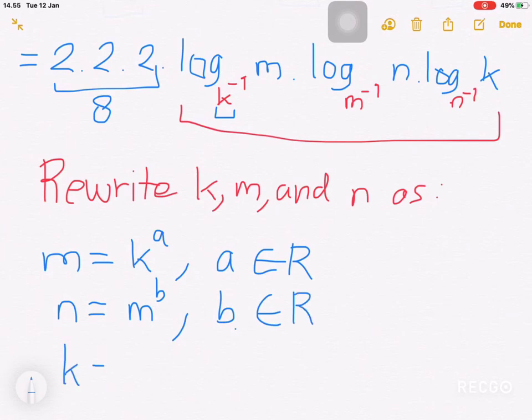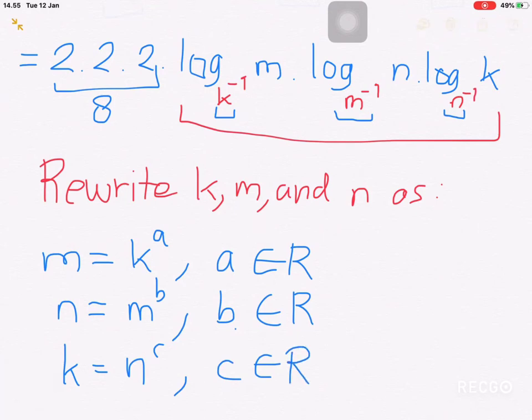We have k itself, look at the base, we have n, raised to what power? We just assume that is c, where c is a real number.